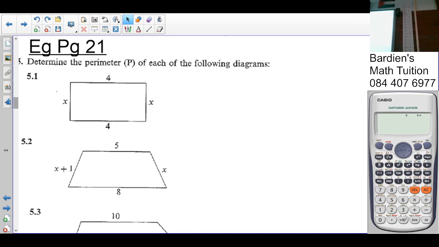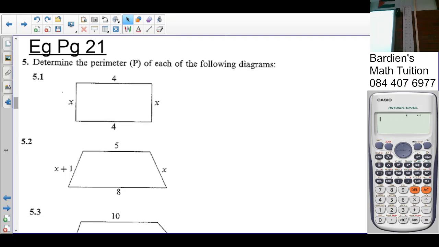Okay. Number 5. In number 5, you are asked to determine the perimeter. P is for perimeter, né? Of each of the following diagrams. So draw the first diagram. What type of shape is the first diagram? A rectangle. How do you know it's a rectangle?